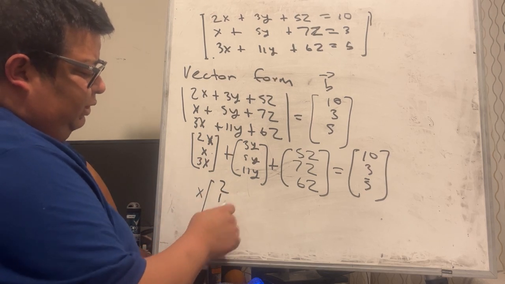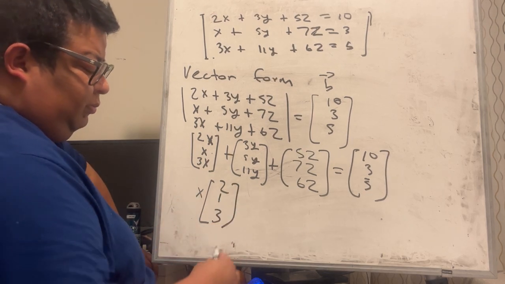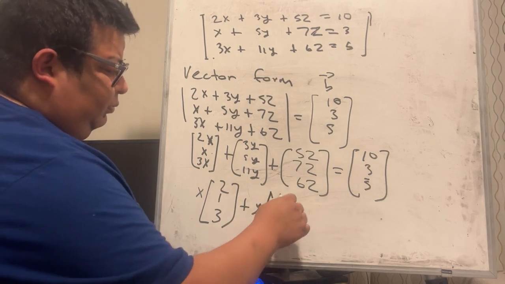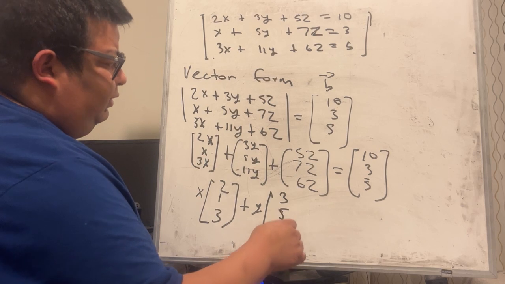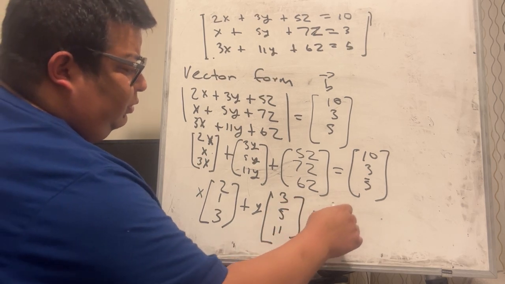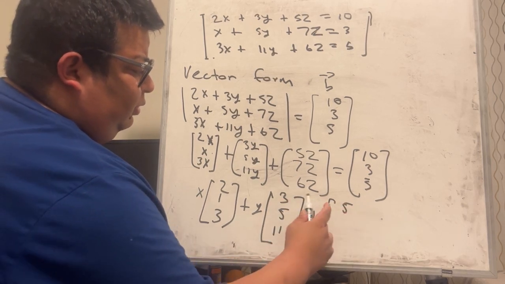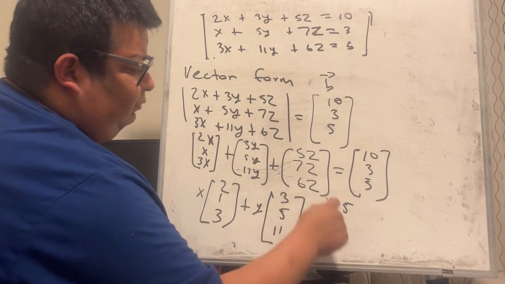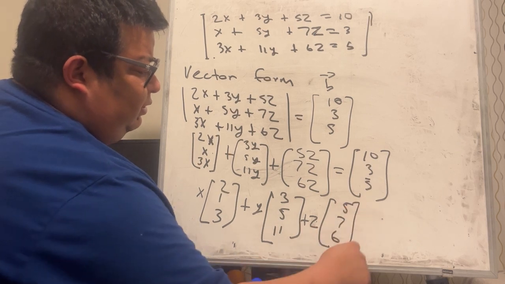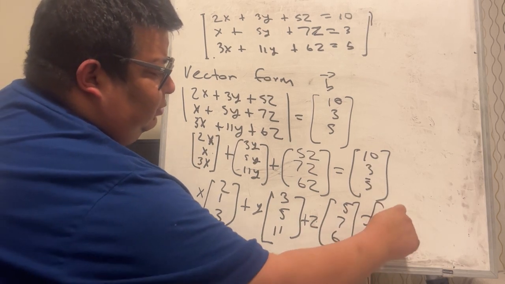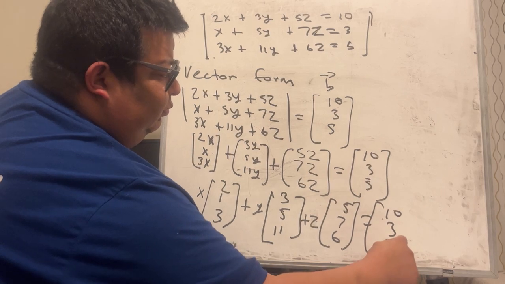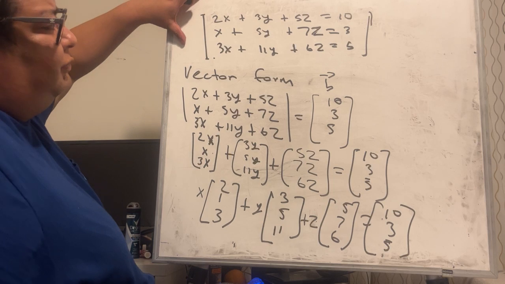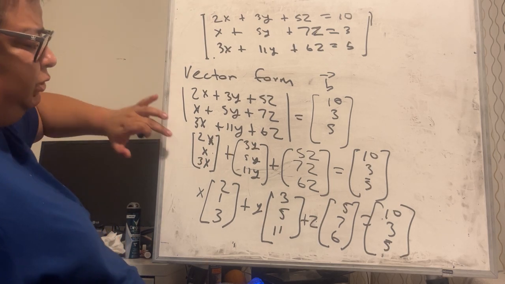So 2, 1, 3 plus y 3, 5, 11 plus z 5, 7, 6, and you set that equal to your vector b. So these are the three ways you can write a system of linear equations in vector form. So 1, 2, 3.